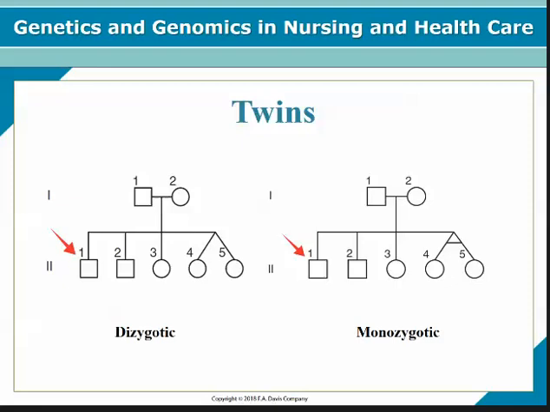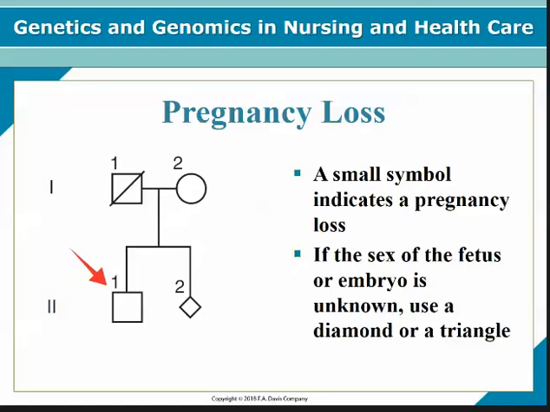Twins are indicated, as you can see in generation 2 of both of these pedigrees. The one on the left is dizygotic, and the other on the right is monozygotic. You can see that connection at the uppermost of the triangle there, indicating that on the right-hand side. A pregnancy loss is indicated with a smaller symbol.